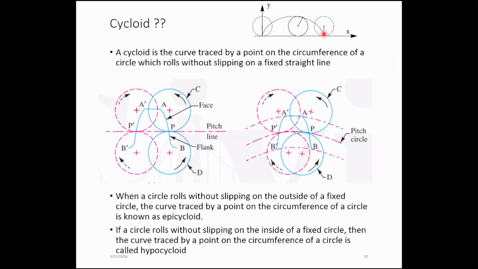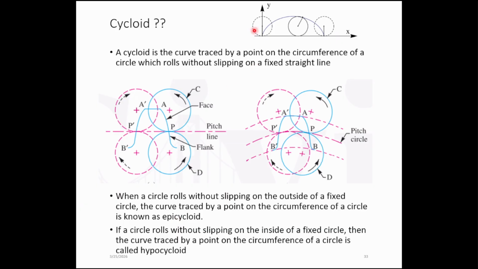So when a circle rolls without slipping on the outside of a fixed circle, instead of a straight line, if we roll this circle on another circle, the curve traced by a point on the circumference of the circle is known as an epicycloid, right?